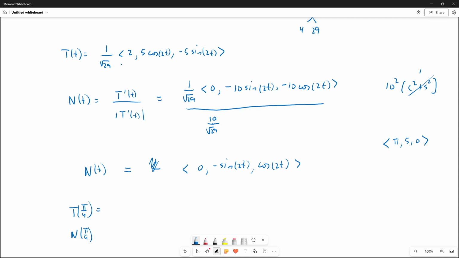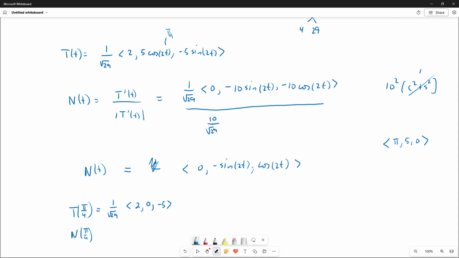So T of pi over 4 is 1 over the square root of 29 times ⟨2, and then the cosine of pi over 2 is 0, so 0, and the sine of pi over 2 is 1, so this becomes negative 5⟩. Again, we're plugging in pi over 4, and we have to double that. So we're taking the cosine and sine, not of pi over 4, but of pi over 2.